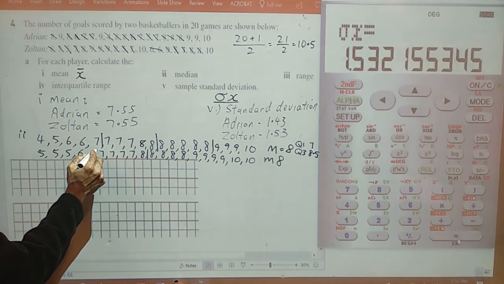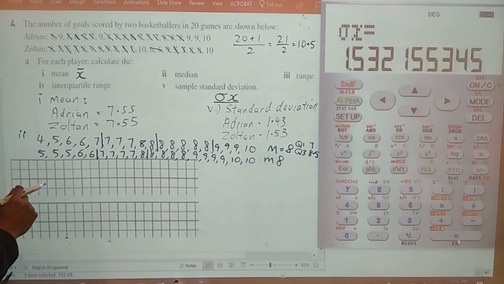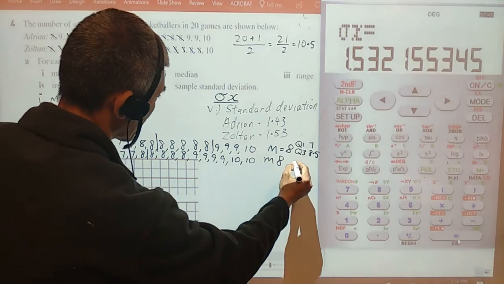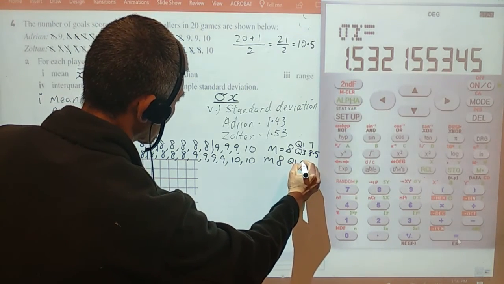The median is here, so it's between 6 and 7, so that makes Q1 6.5. Okay, so Q1 will be 6.5.